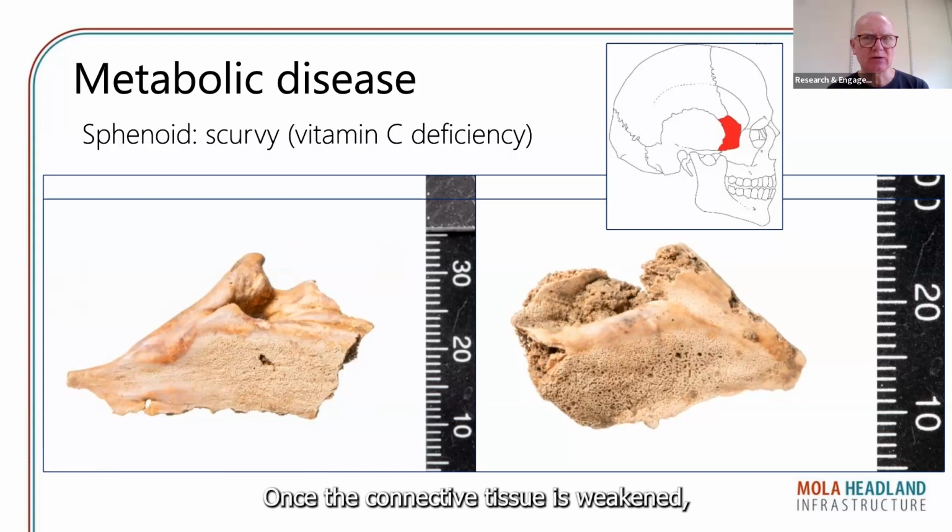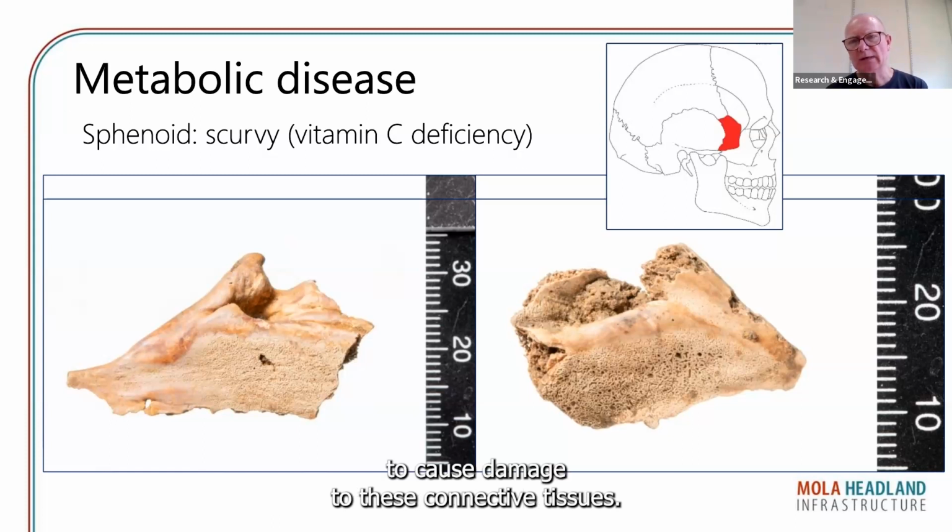Once the connective tissue is weakened, then it only takes minor trauma or just normal activities such as chewing to cause damage to these connective tissues, and in theory, they may start to hemorrhage. And scurvy is a relatively common condition in populations that have food shortages.